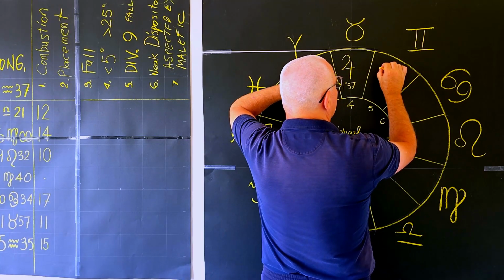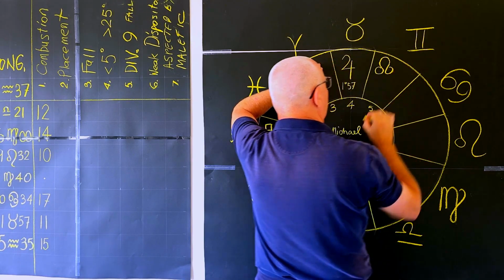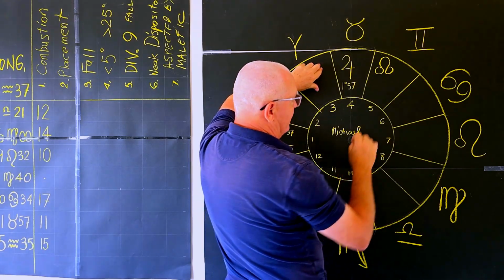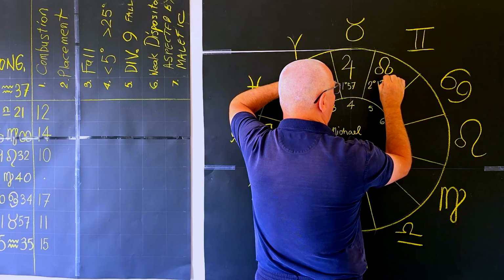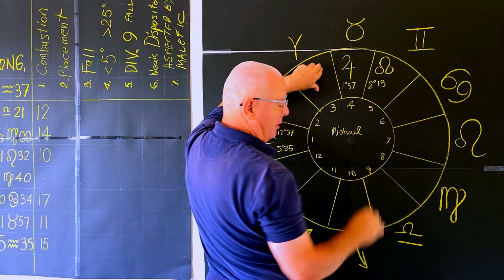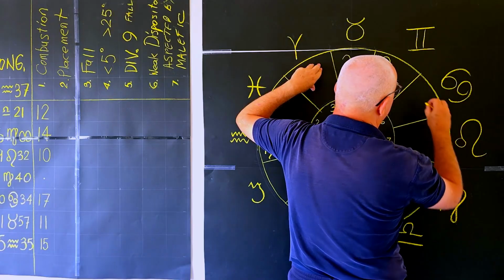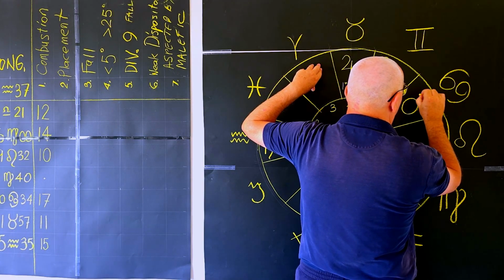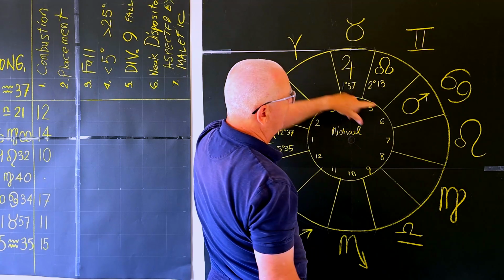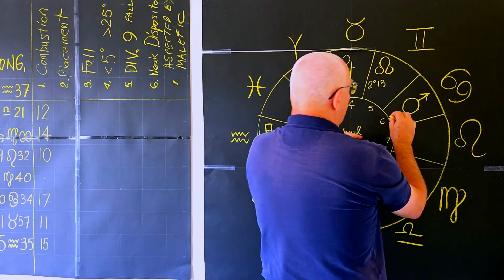So that north node of the moon looks like this. 2 degrees 13. In Cancer, there's Mars. I didn't leave much room for the number, at 20 degrees 34.